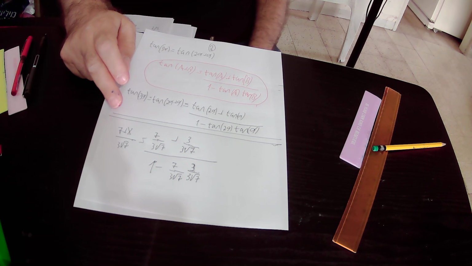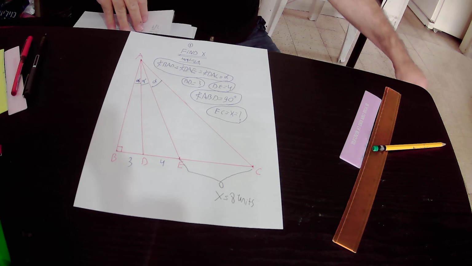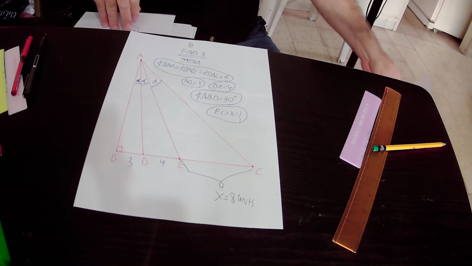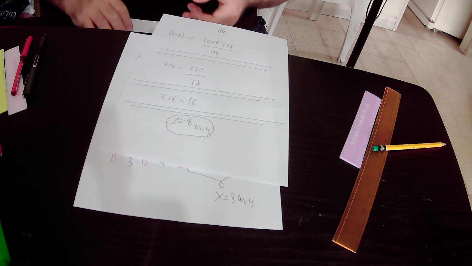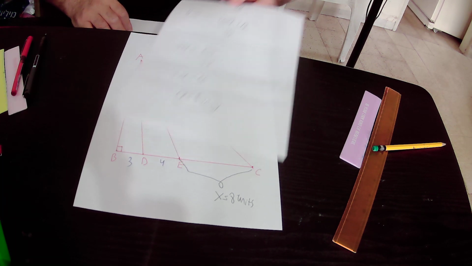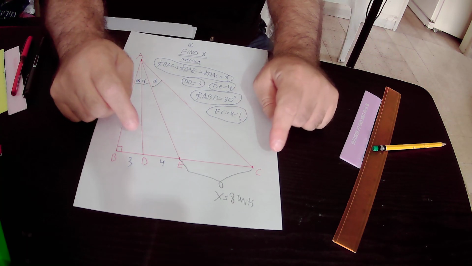I don't want to repeat this simple calculation. From this equality we found that the value of x according to method 2 is 8 units. So we found that the value of x, which is actually EC, equals 8 units.